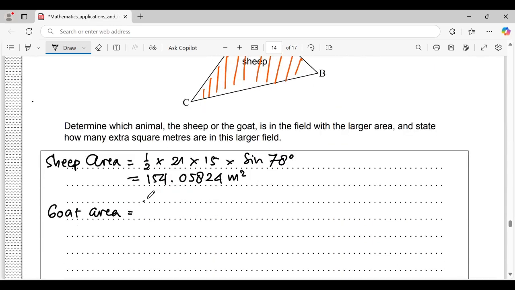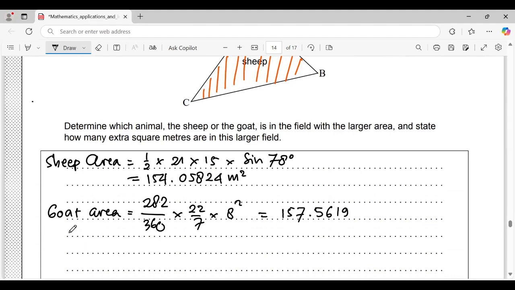So 282 over 360 times pi, where pi is 22 over 7, times radius 8 squared. And if you calculate, the result is 157.5619.